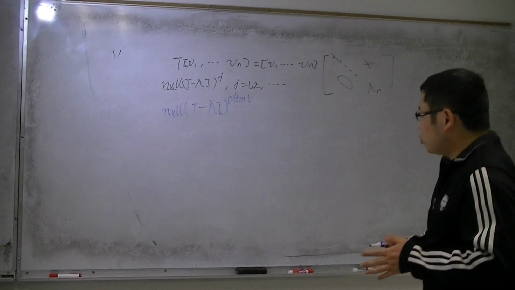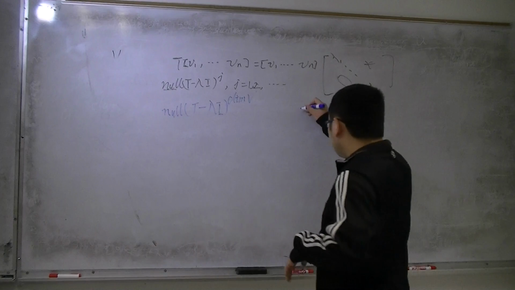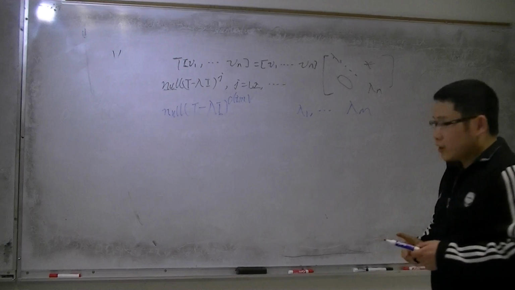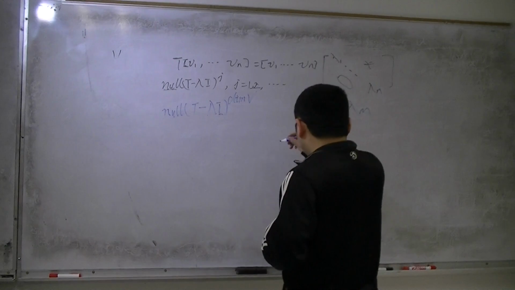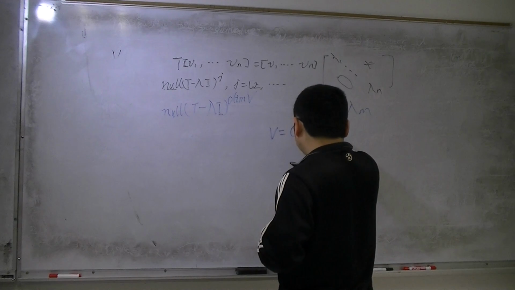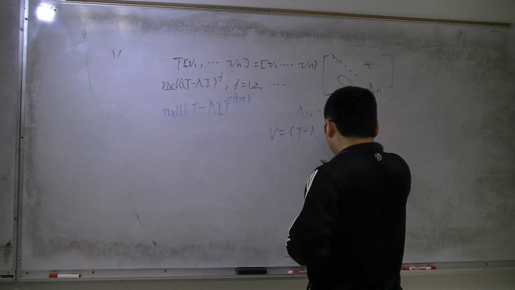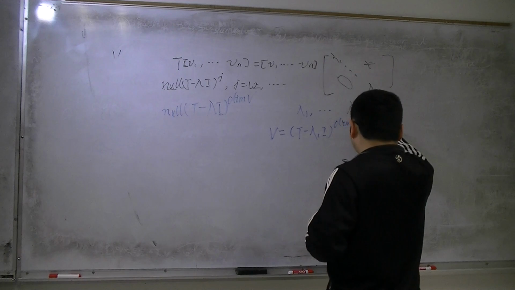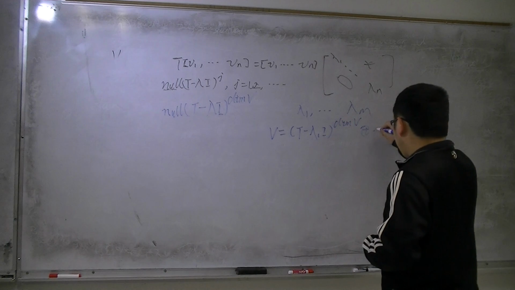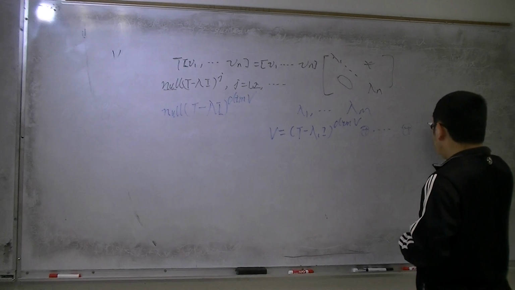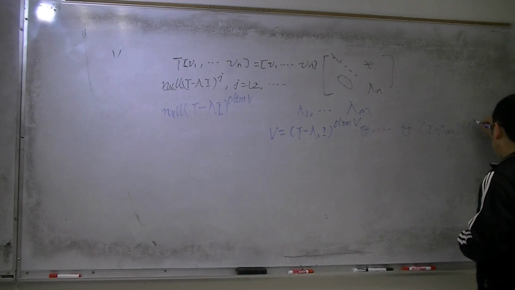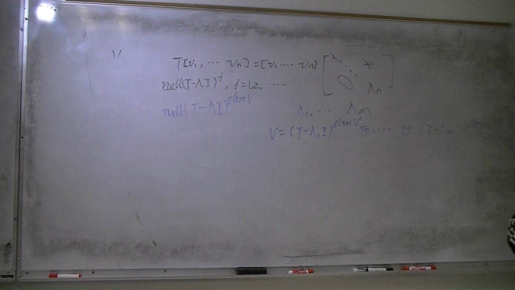I want to prove that the operator T in L(V) with m distinct eigenvalues can be decomposed like this. It's different from the spectral decomposition.